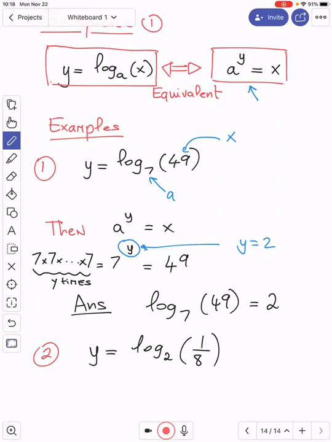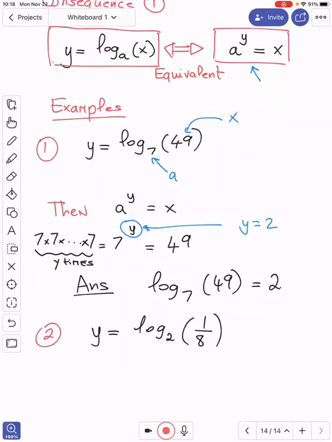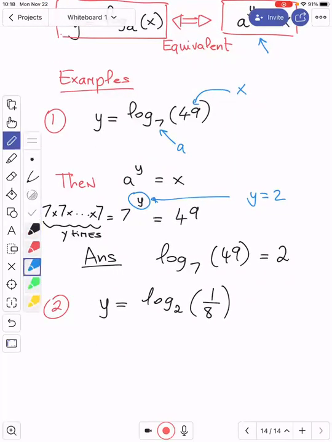So the question is, for which power of 2, since the base a is 2, do you get 1 over 8? This is my x.